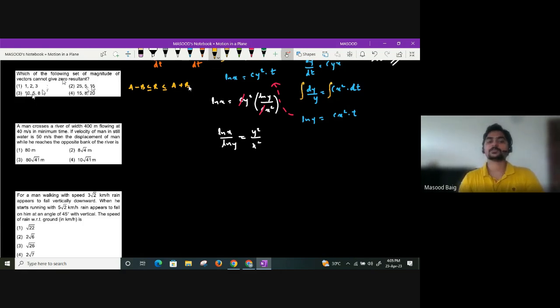Which cannot form a triangle? Sum of two sides should always be greater than the third side. That only will form a triangle, guys. Zero resultant, you remember or not? Whenever n vectors are representing n sides of a closed polygon, then the resultant will always be 0.